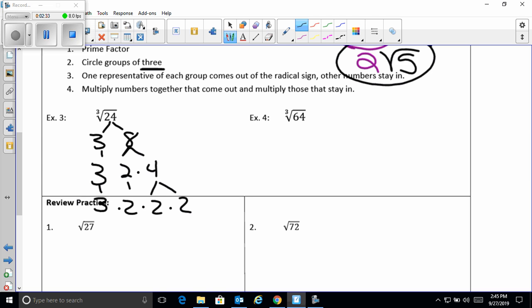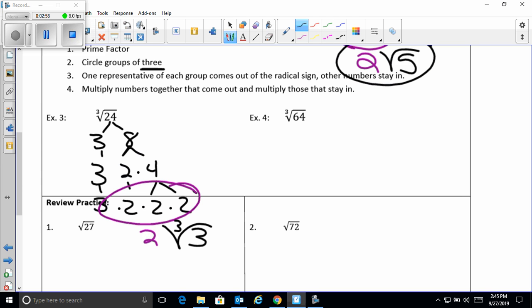So looking for perfect triplets this time. Here we have a group of 2s. So that's what comes out. So 2's coming out. And then what stays in the cube root, remember this is a cube root, not a square root, is the 3, because he doesn't have 3 amigos.